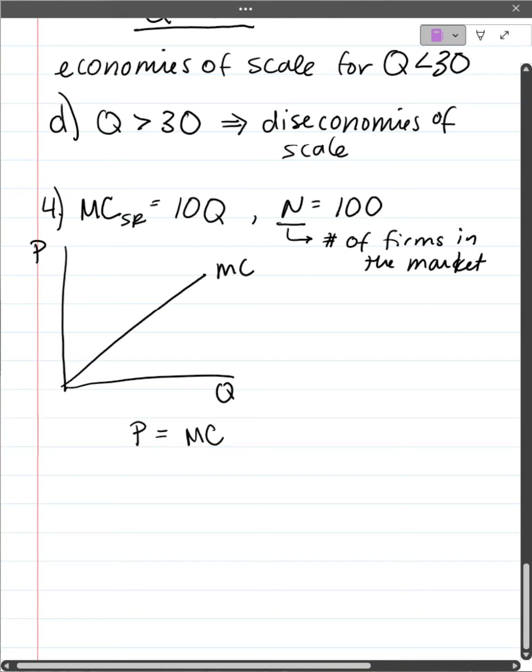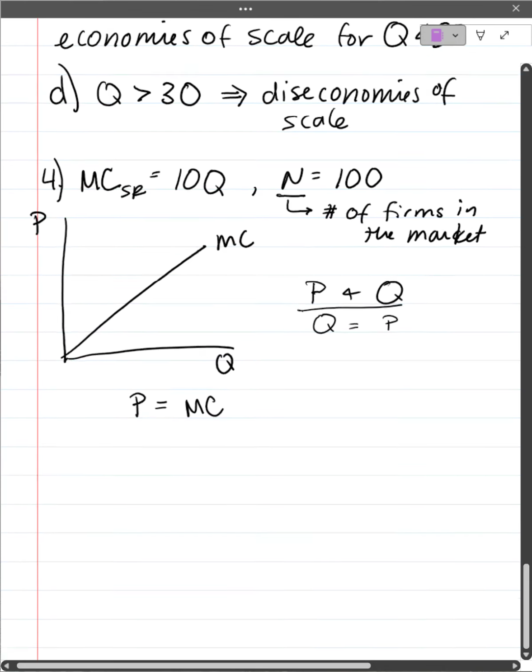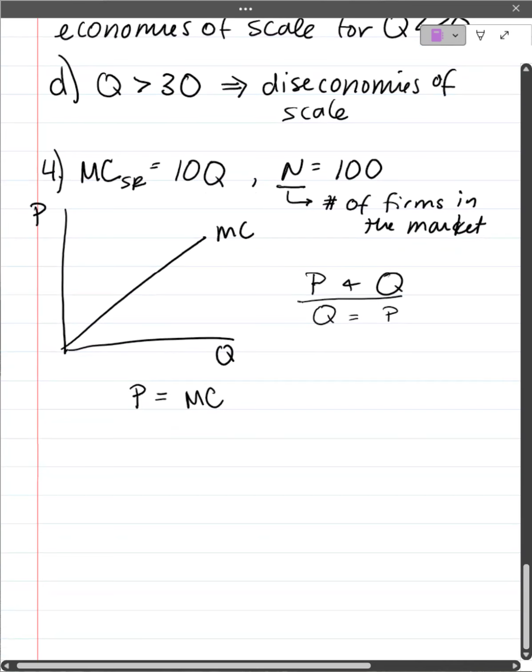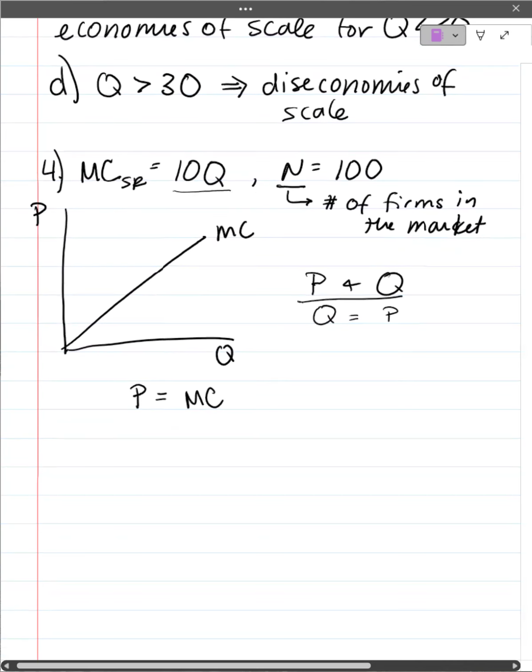For our supply curve, we know that that's a relationship between price and quantity supplied. Right, so we just need to find an equation that sets quantity in terms of price. Right. So we can start from price equaling marginal cost. Note that Fry Supply has marginal cost of 10 times Q. So right away we have Fry Supply's inverse supply equation.